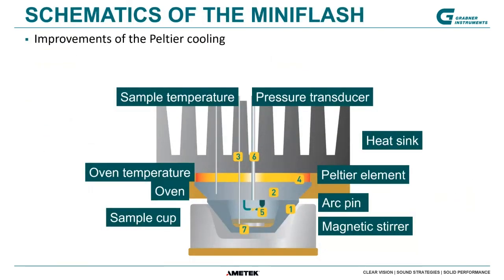The design of the MINIFLASH is somewhat different compared to classical designs of flashpoint testers. Typically, classical designs heat a cup of sample from the bottom. Here, we basically lift a sample cup onto an open surface and heat it from the top. And this allows us to keep it completely closed continuously.